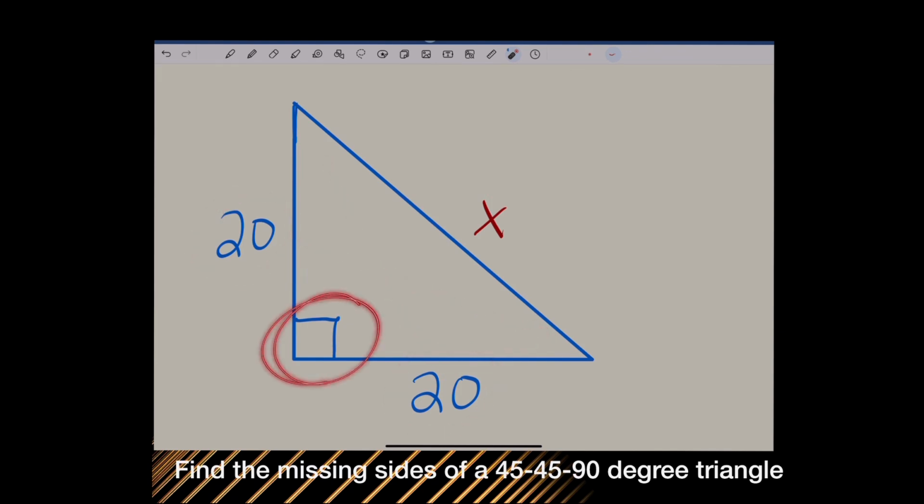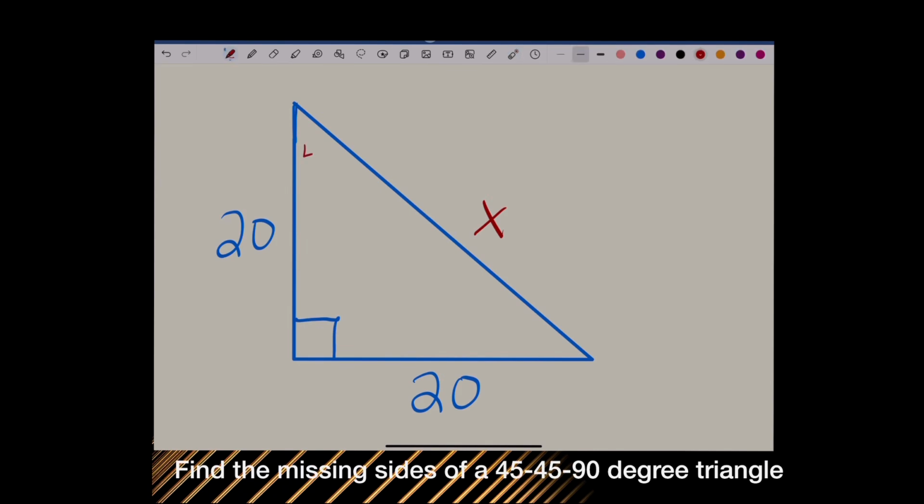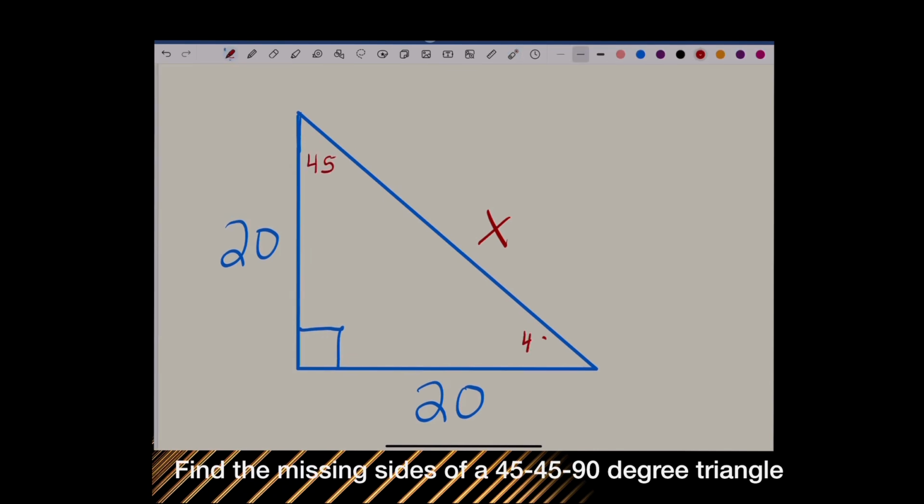And if we know this one's 90 already, I go 180 minus 90. That gives me 90 left to cover these two angles, and it has to be the same. So if I divide 90 by 2, that gives me 45, so I have what's called a 45-45-90 triangle.